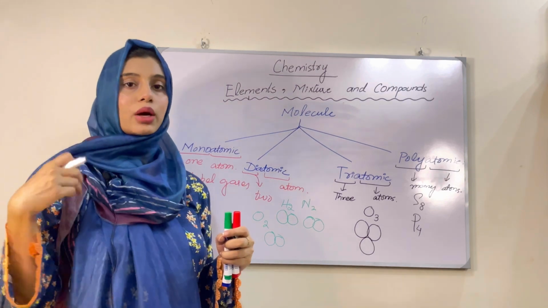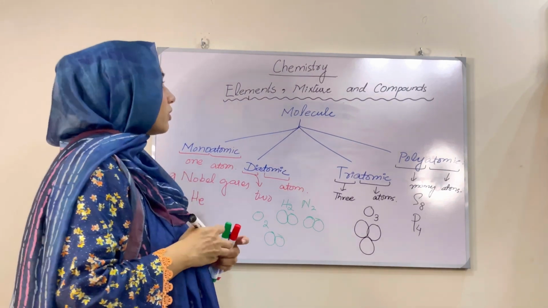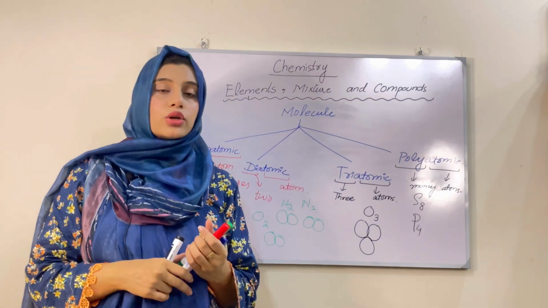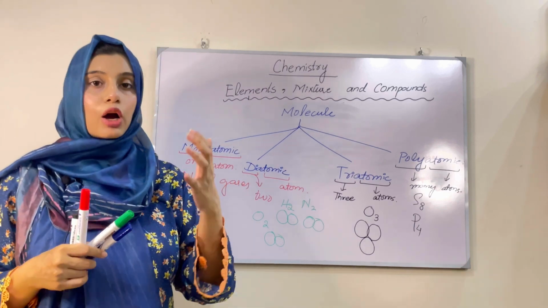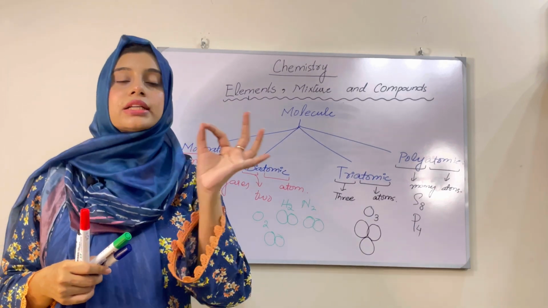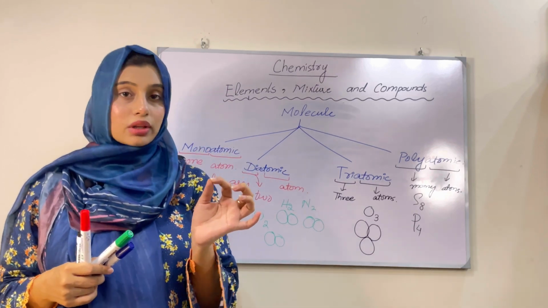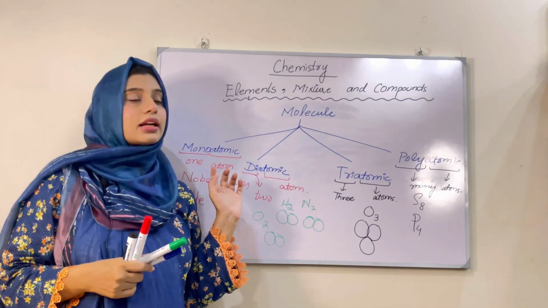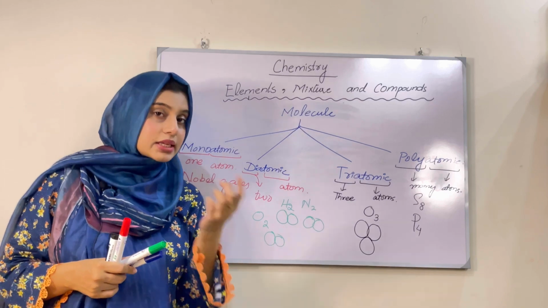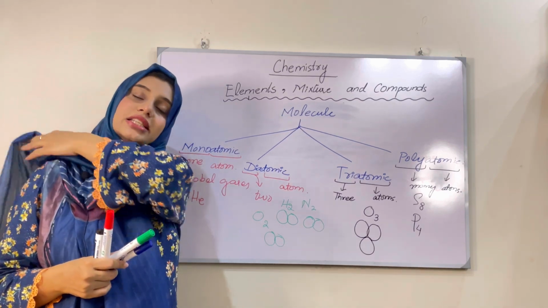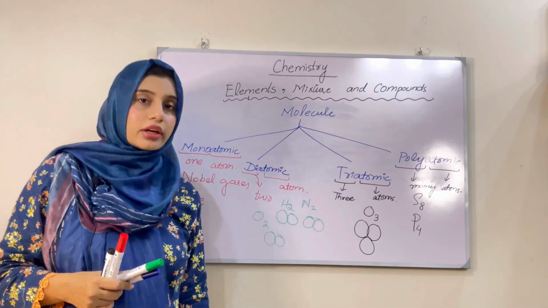So let's do a quick revision. In the previous lecture I told you about elements. We have 118 elements, and then we had classification on the basis of states, on the basis of nature of elements, and on the basis of arrangement in the periodic table.